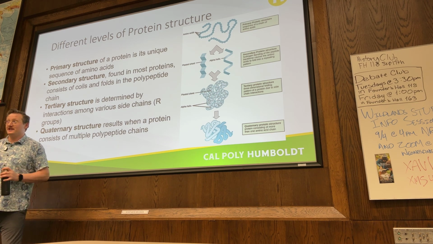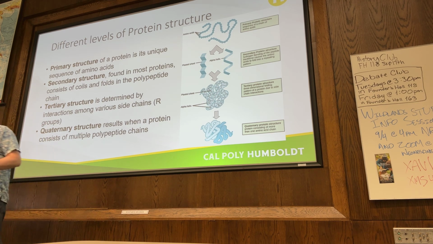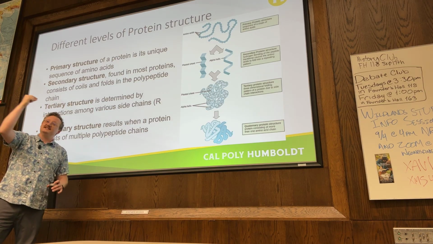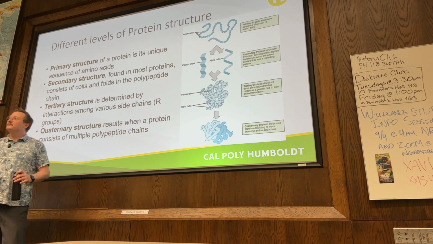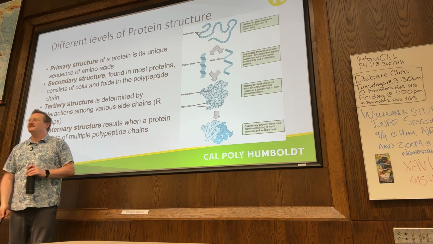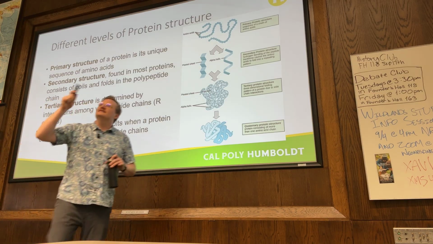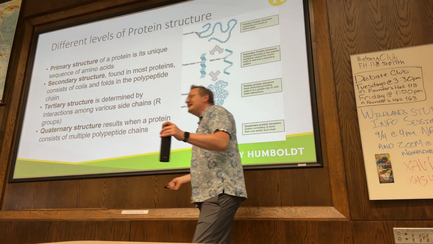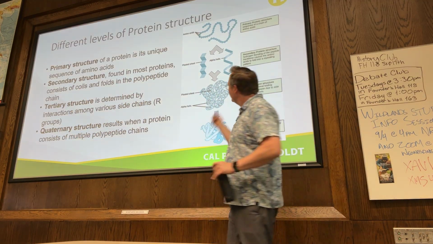It could cause the protein to lose its form and therefore lose its function. Who's willing to share the term we use for that process where you cause a protein to lose its form via extreme temperature, extreme pH, etc.? Denaturation. Very good. So we'll talk about denaturation in just a minute too.